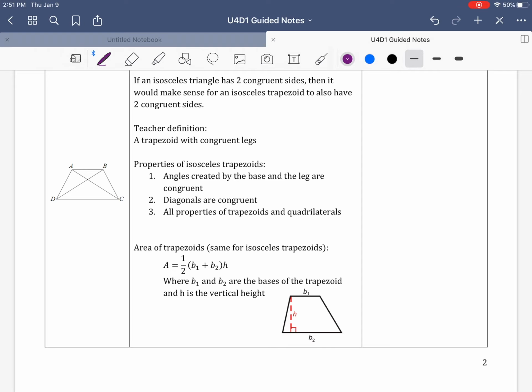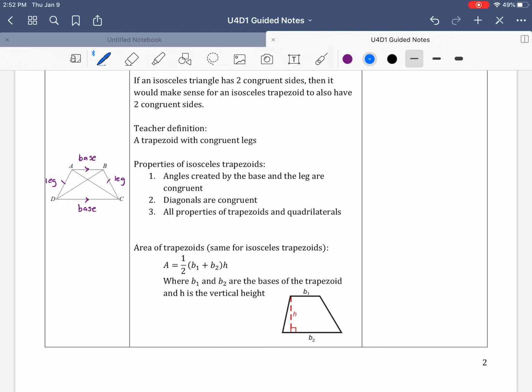That means if we're thinking about this is a base here, this is a base here, because I know those are parallel, then here is one leg, here is another leg, and I know that those legs are congruent. Now, our first property for isosceles trapezoids is the angles created by the base and the leg are congruent.